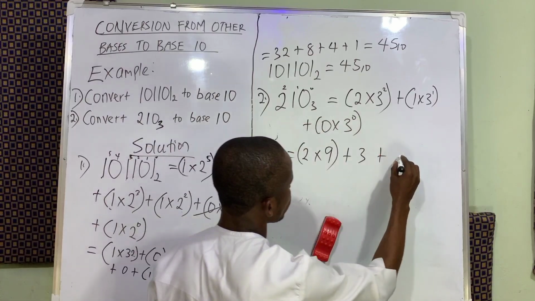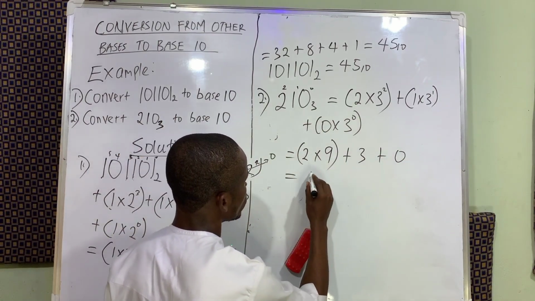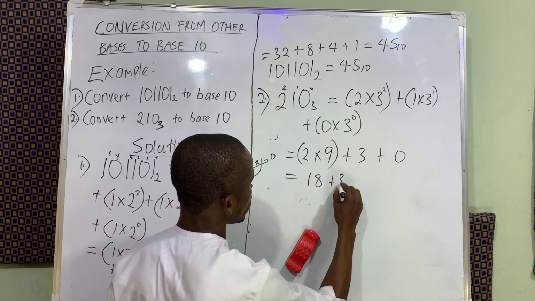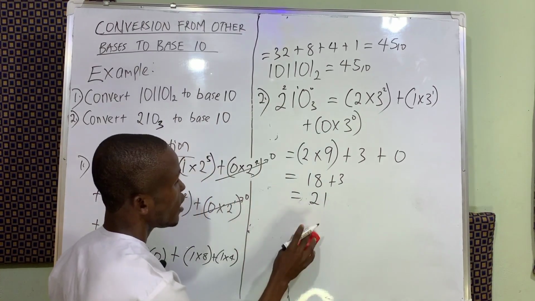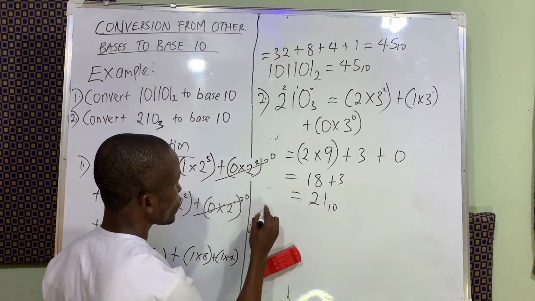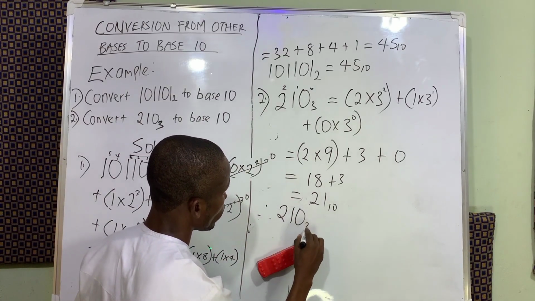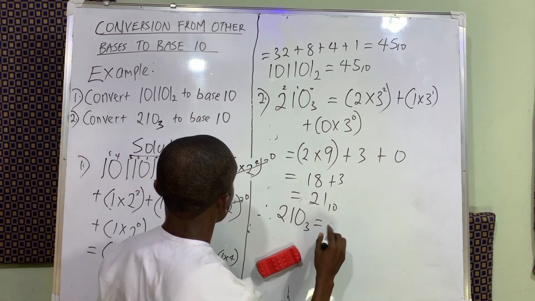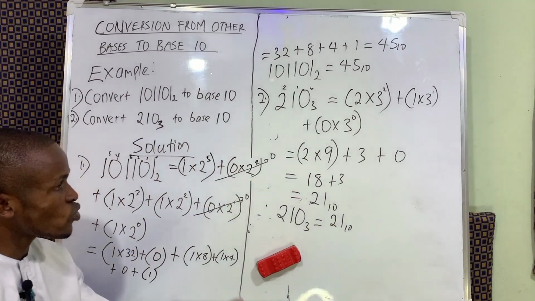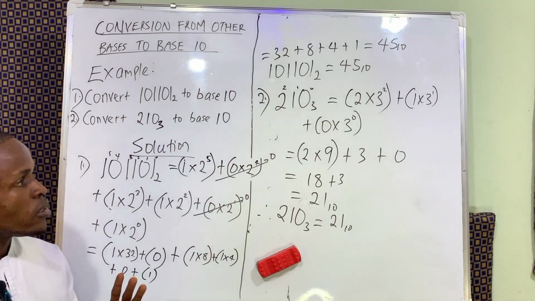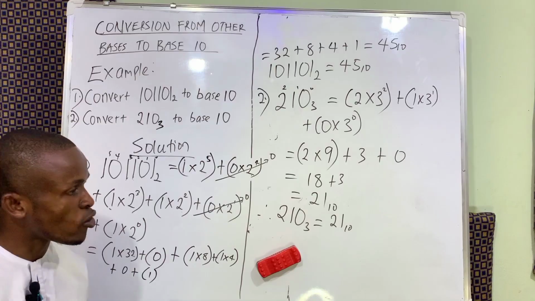This equals 2 times 9 is 18, plus 3, and this gives us 21 in base 10. Therefore, 210 in base 3 equals 21 in base 10. All right, at this point, I'll give us this little exercise to practice and drop the solution in the comment section.